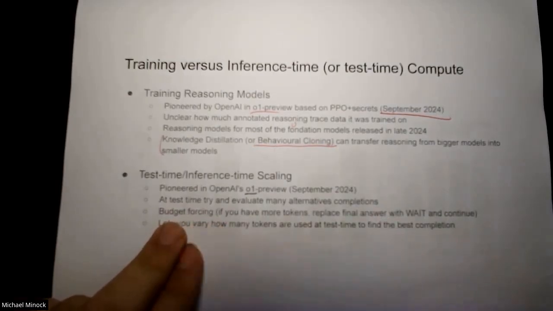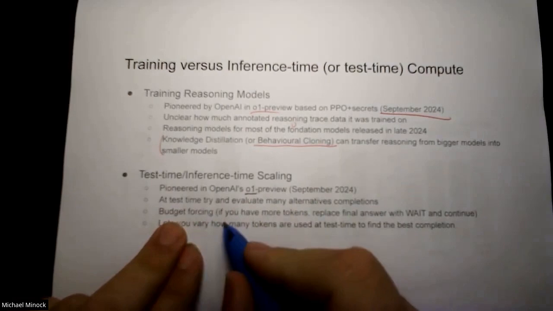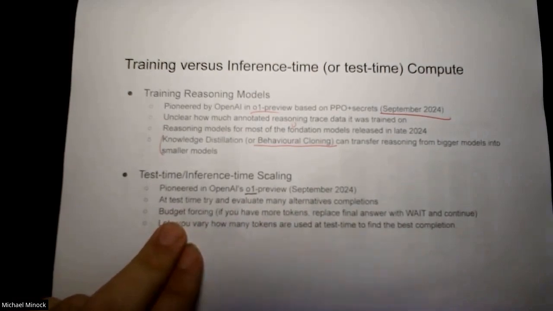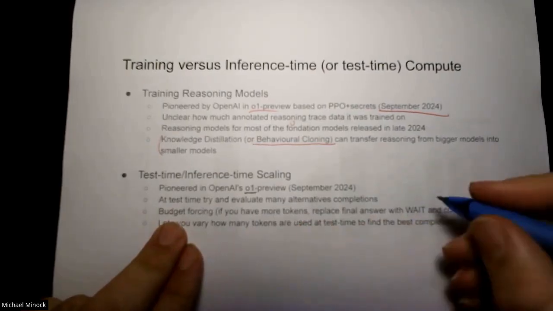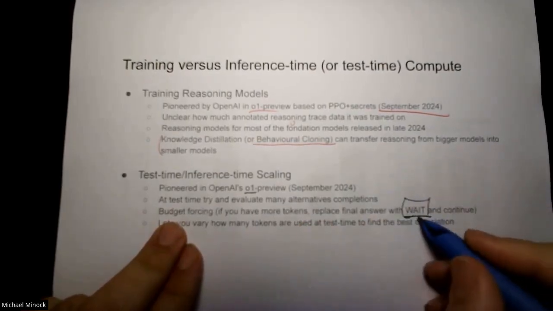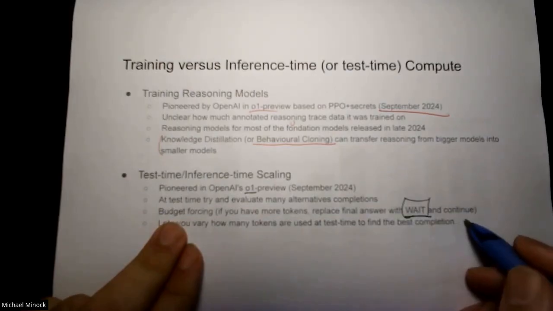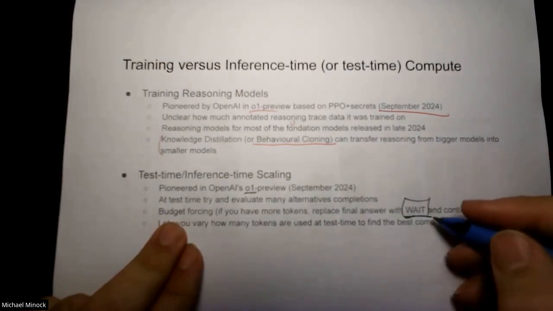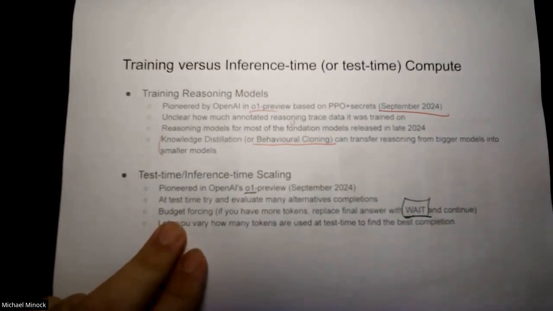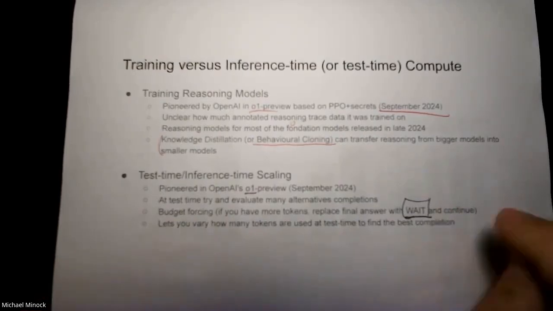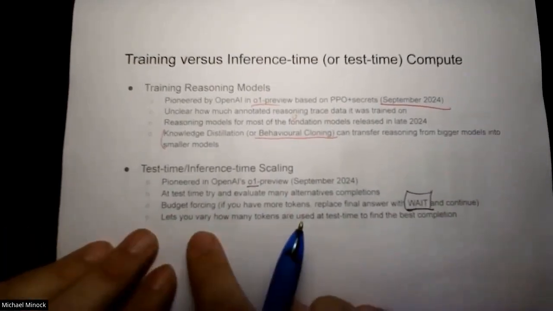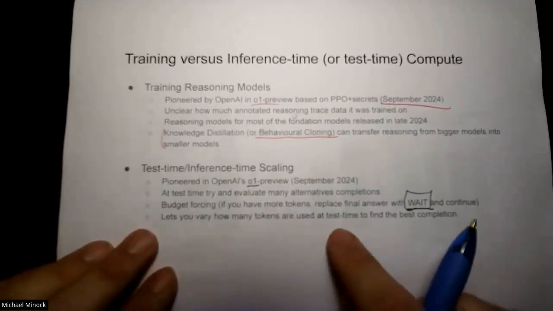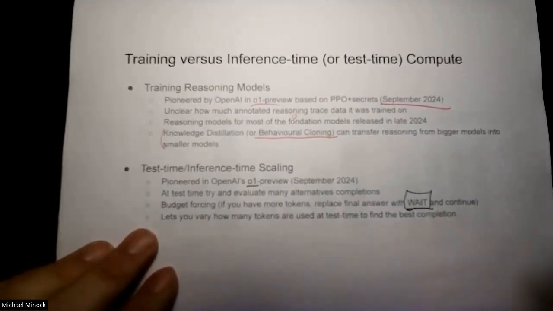If you put a huge budget of tokens on the problem, and you want to use more tokens, you can take the final answer coming out of tree of thought and replace the final with "wait," and then continue. This is another little prompting strategy that allows it to roll out more and more, to go deeper and deeper over the problem. So this lets you vary how many tokens are used at test time to find the best completion.